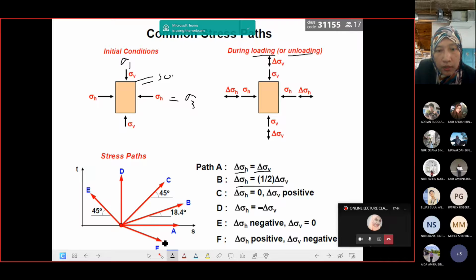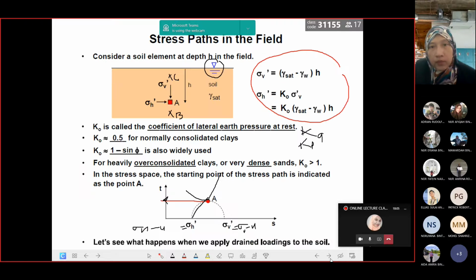And for the F here, you akan ada delta sigma H positif, delta sigma V negatif. So you boleh nampak lah kan dia punya conditions ni sama ada positif ataupun negative. The conditions or the explanations here to telling you what is happening before and after you kenakan loading.